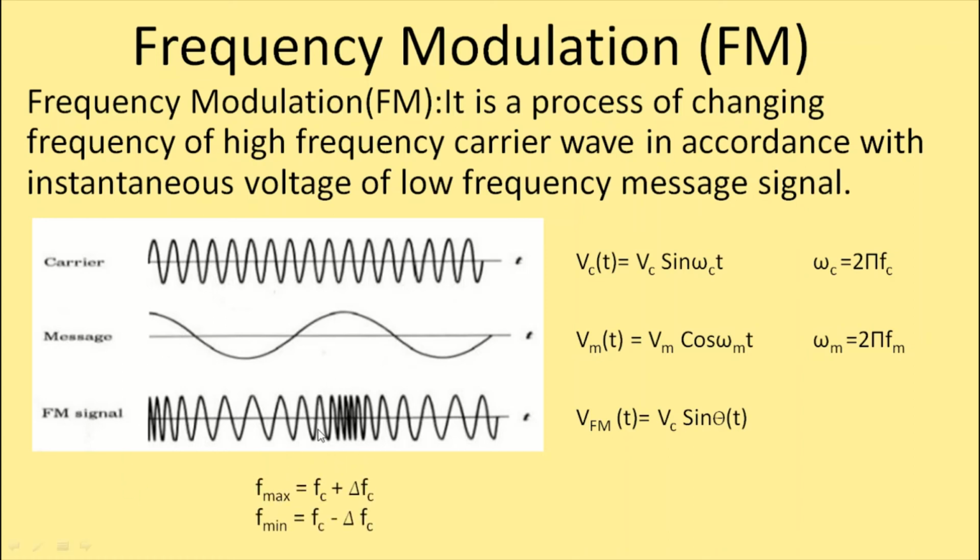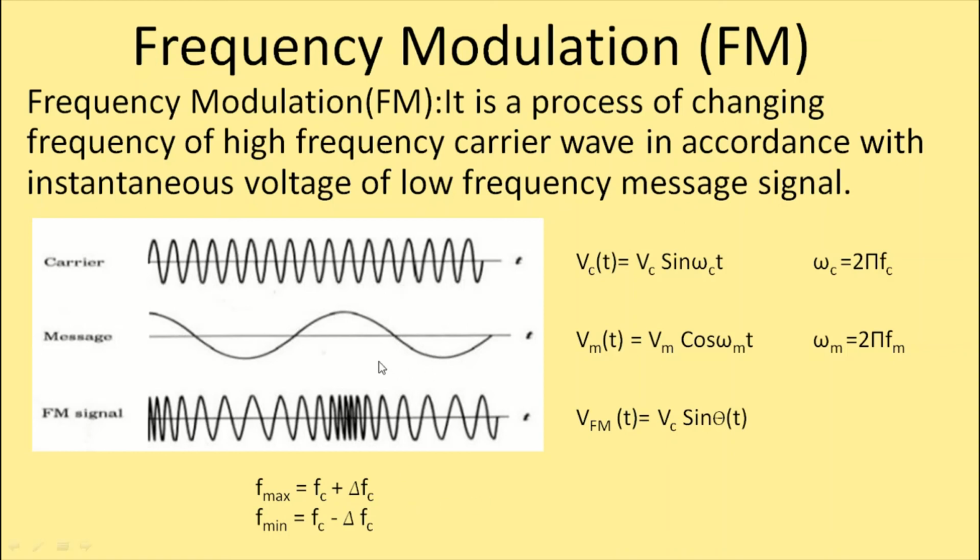So this maximum frequency, I can represent as the carrier frequency plus delta Fc, that is change in the carrier frequency. Similarly, when I talk about the amplitude at the negative peak, the FM signal frequency will be at its minimum. So when the frequency here is minimum, that frequency is represented as Fmin equal to the carrier frequency minus the change in the carrier frequency, that is Fc minus delta Fc.